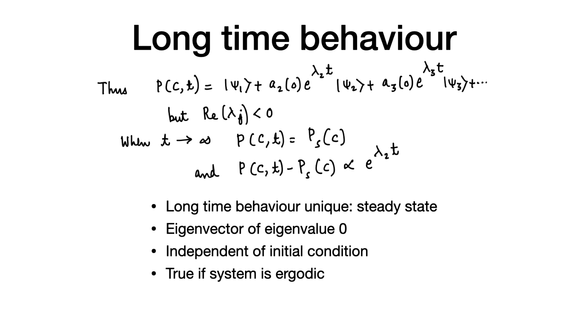The technical word is that in the long time behavior, I always go to a unique probability distribution. The configuration keeps changing and that state is called the steady state.